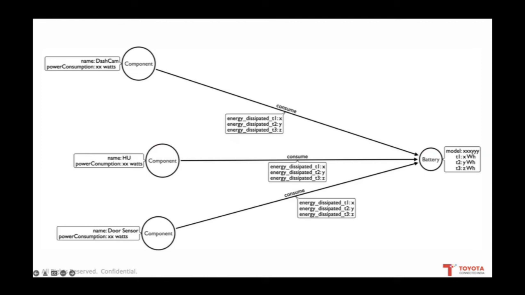And the relationship between each component and the battery is consumption. This consumption also has a feature vector of key value pairs, and the energy dissipated due to the consumption is timed at time t1, t2, t3, and the battery's useful life is also timed as time series data where the key value pairs are like t1, t2, t3. So t1, t2, t3 are the actual values that you want to predict. This represents the actual remaining useful life, right?